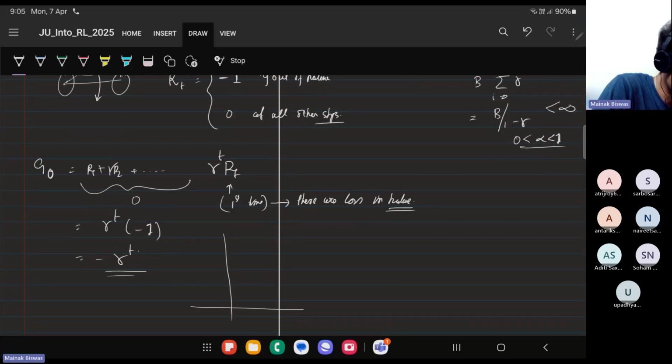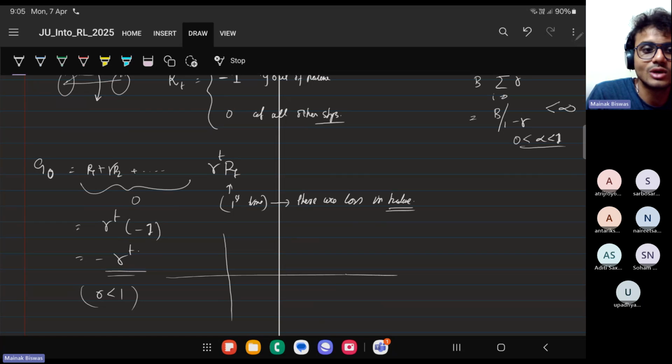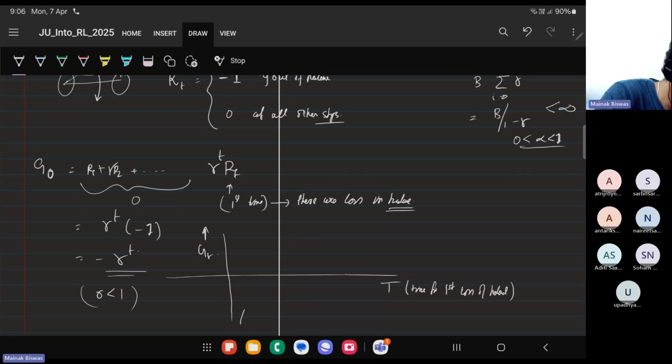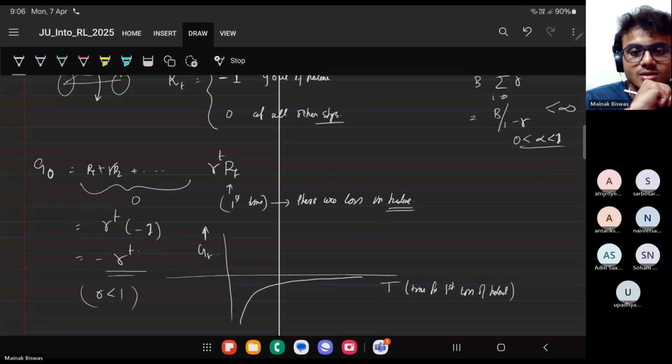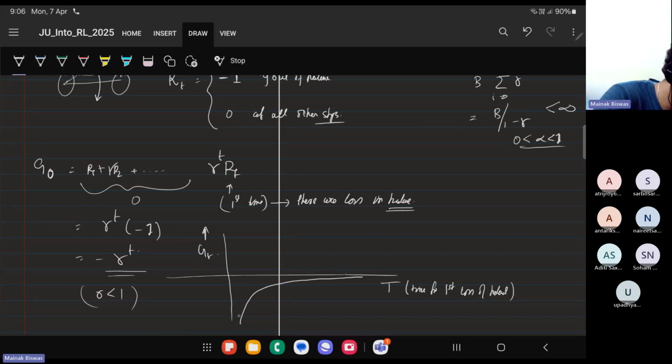So if you have this continuing task going on, gamma is less than 1. So how will this graph look? Say this is your G at a particular time t, and this is capital T, the first time of loss of balance. Do you agree this will look like this? So at t equal to 0, you get -1 as the reward.